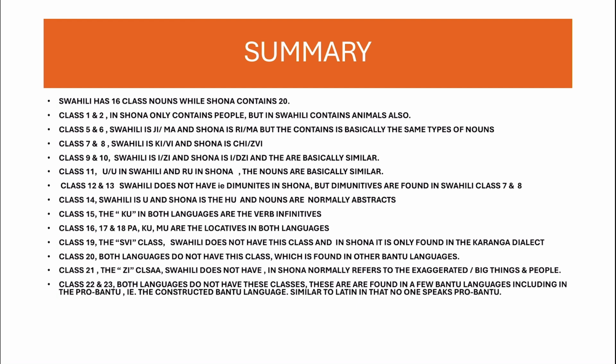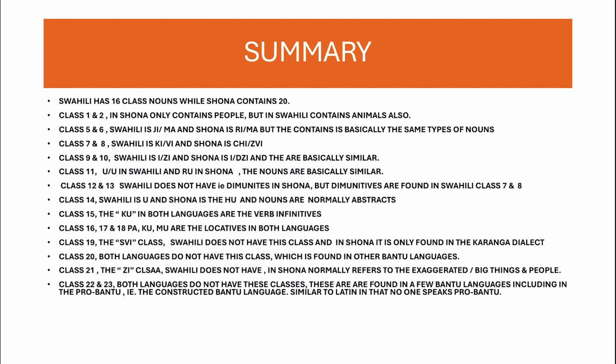But also in class 7 and 8 of Swahili we have diminutives like kitoto, vitoto, small baby. So they also have diminutives in Swahili, only that they don't have a special class for these.